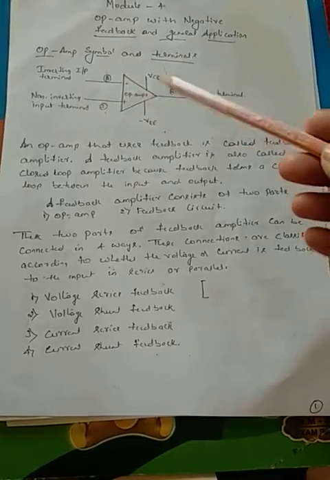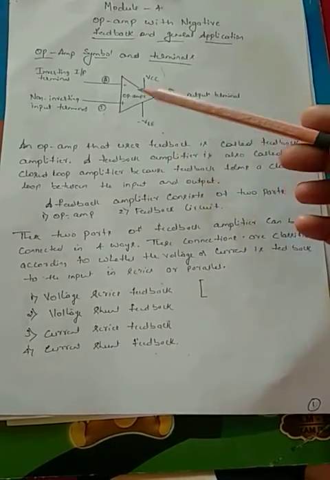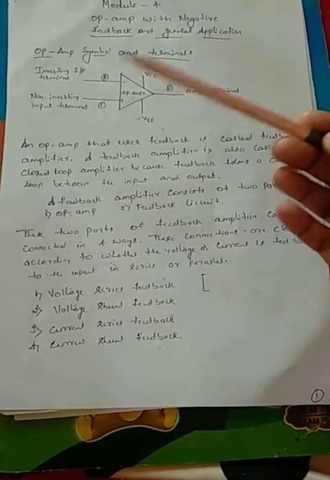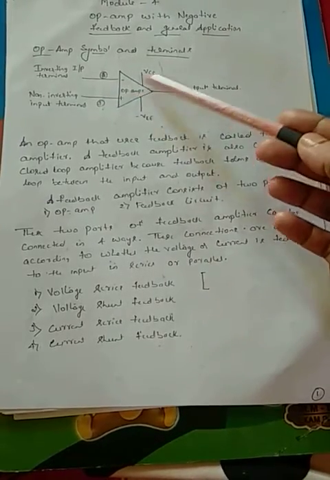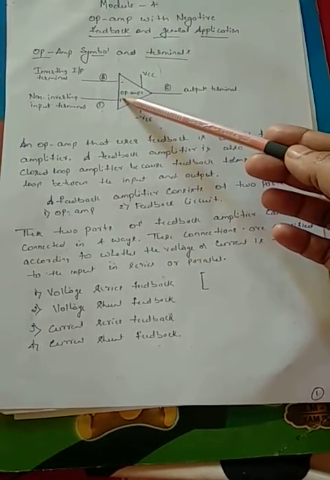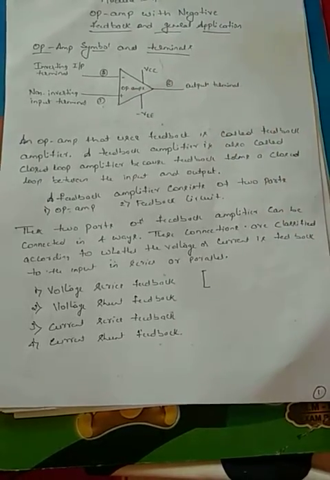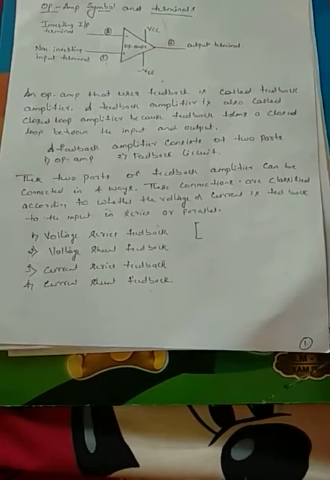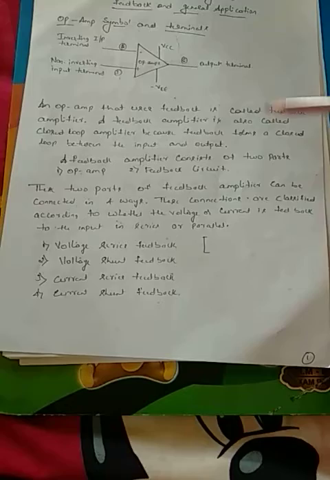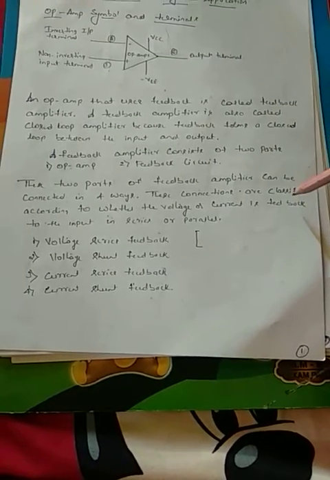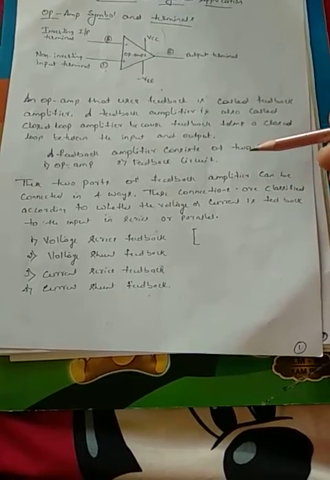The feedback amplifier consists of 2 parts: the op-amp, which is the amplifier part, and the feedback circuit. These can be connected in 4 ways. In module 3 we discussed the 4 ways of connecting feedback to a circuit.